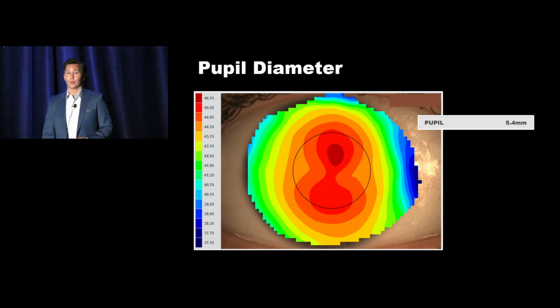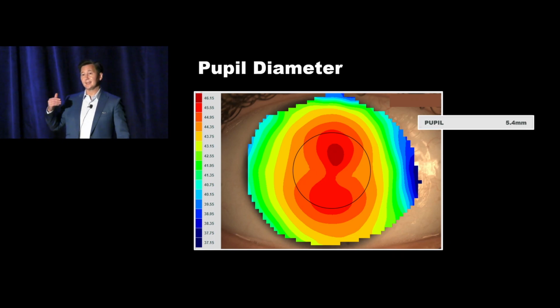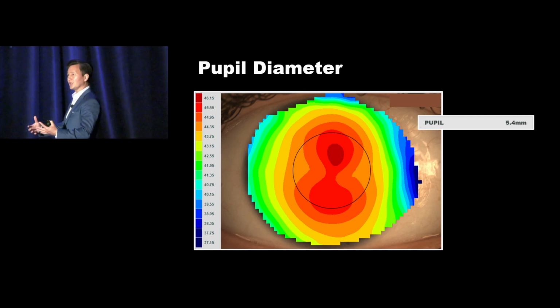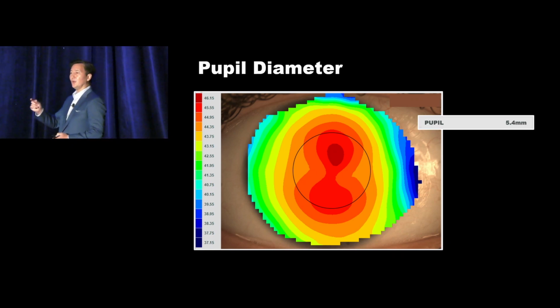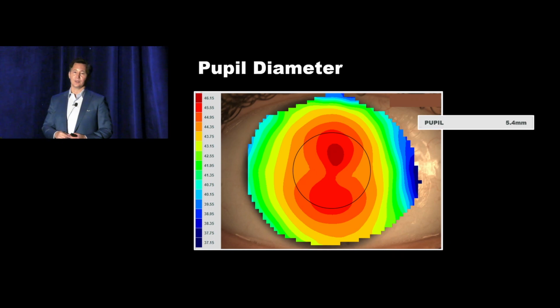Pupil diameter, of course, is super important to us in myopia control. If we're trying to signal the eye to slow down, we've got to push the defocus into the eye. If you've got a pinhole of a 3 millimeter pupil, we're going to have a hard time optically to send the signal to slow down.